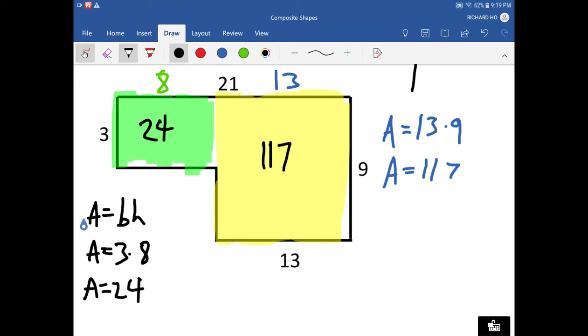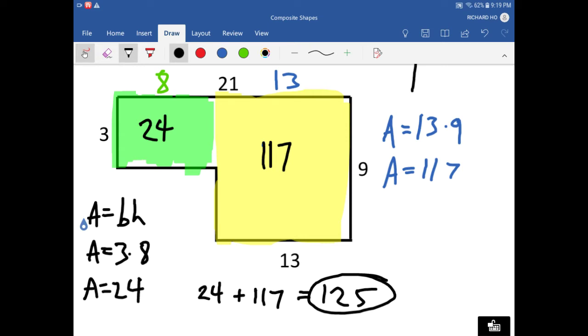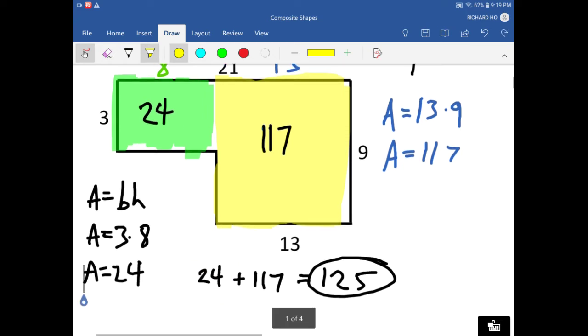Yeah, so the green was 24 plus 117 is the answer. There's no units on here, so just leave it. So that was the yellow 117 and the green 24. You just do each one and then it works out.